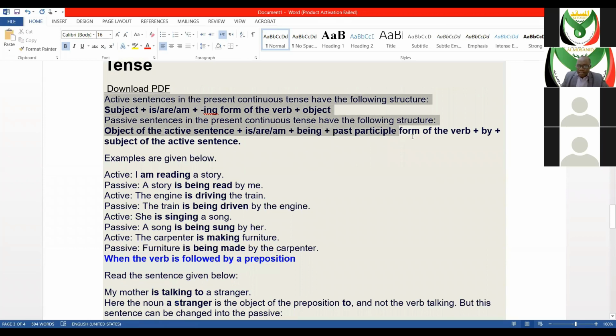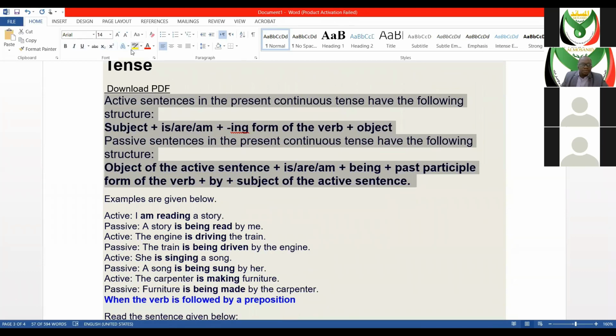Active means the one who does the action. When we say active, that means we know who did this action. But when we say passive, we don't know who did the action. That's why we call it passive.